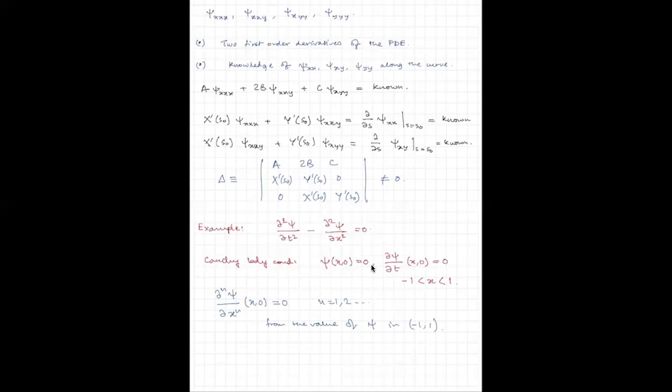Since psi of x, 0 is equal to 0, then the x derivatives of psi at t equal to 0 are also going to be equal to 0.